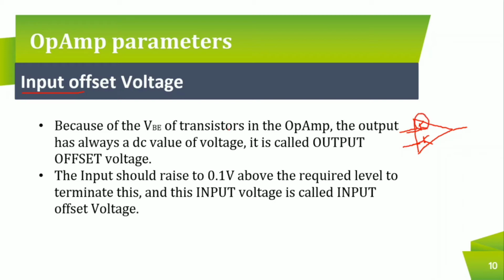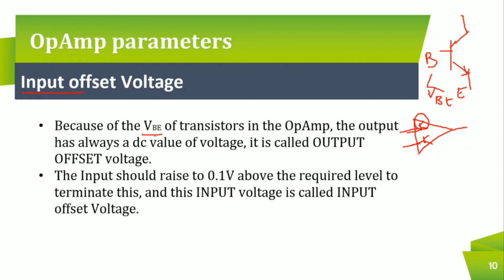These transistors have base emitter voltages, VBE. Every transistor has a certain VBE, but it will not be constant for both. Even if you take similar transistors, you can't say both have the same values.